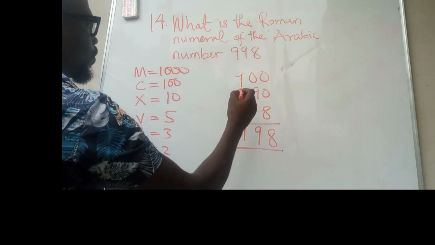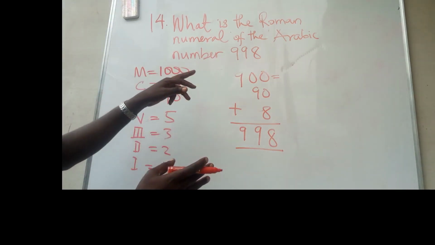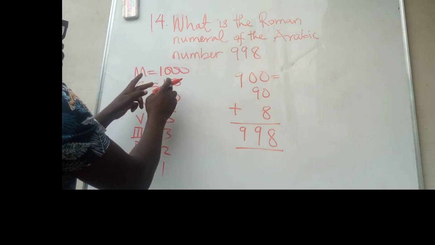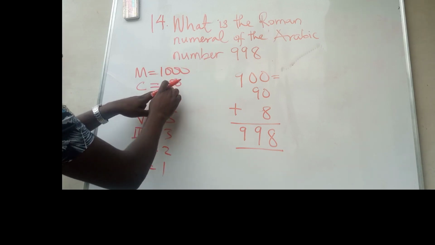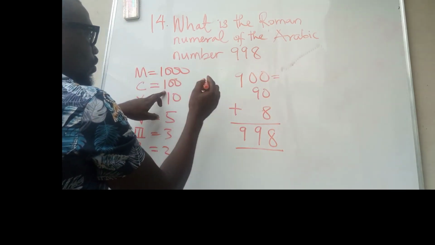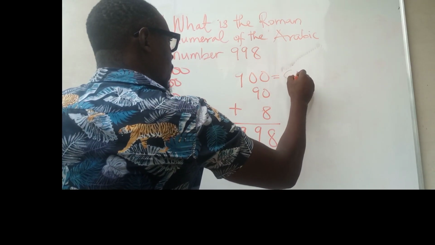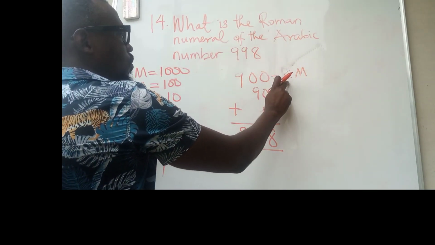So what are you going to do? Now you want to write 900. 900 is 1000 minus 100. So when it is subtraction, you are going to write it at the left hand side, which is going to be CM, that is 1000 minus 100.